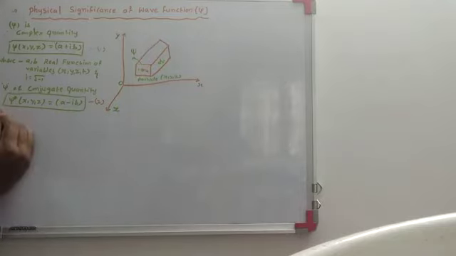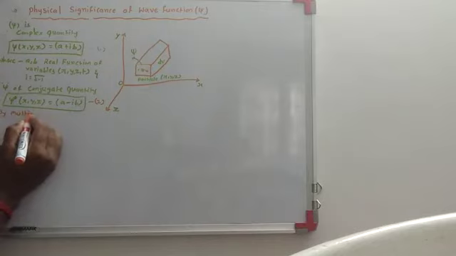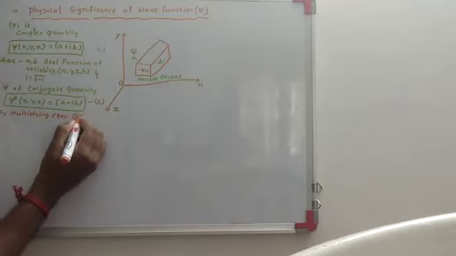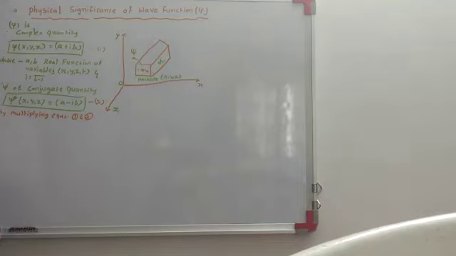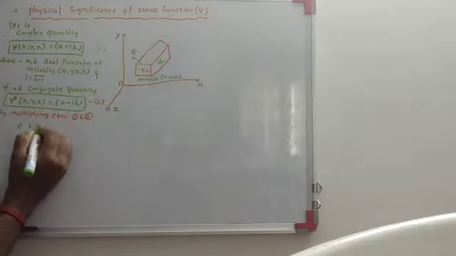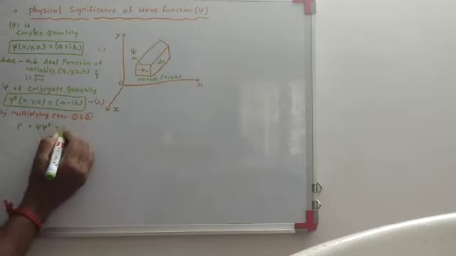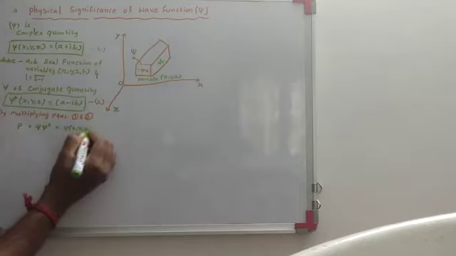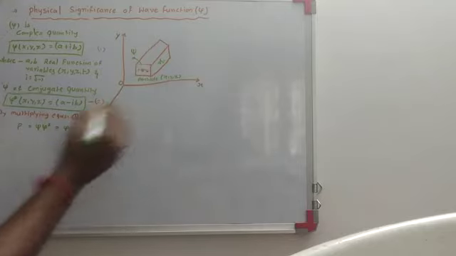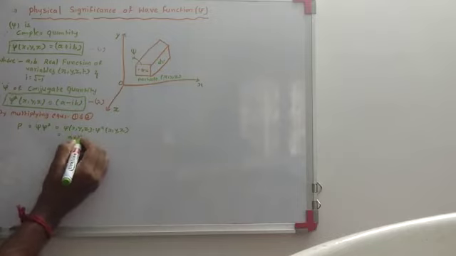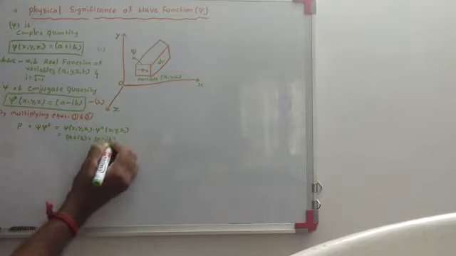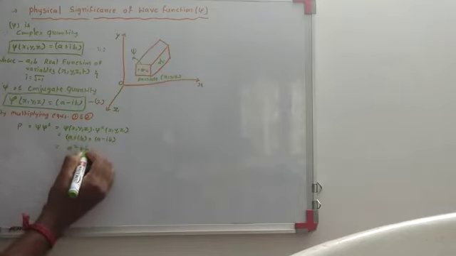By multiplying equations 1 and 2, that means P equal to psi times psi star, that equals psi of x, y, z into psi star of x, y, z, that equals a plus ib into a minus ib, that equals a square plus b square.